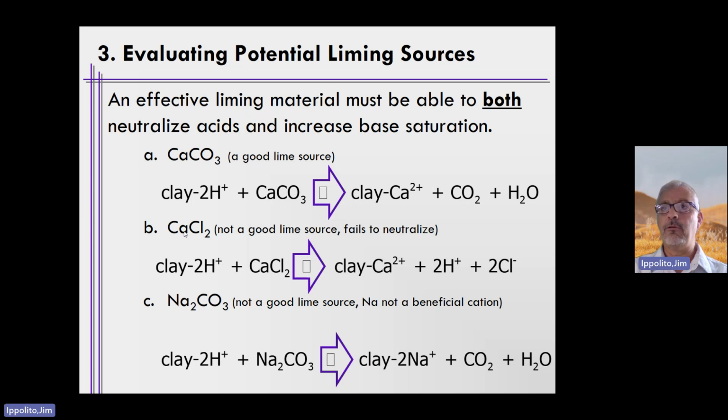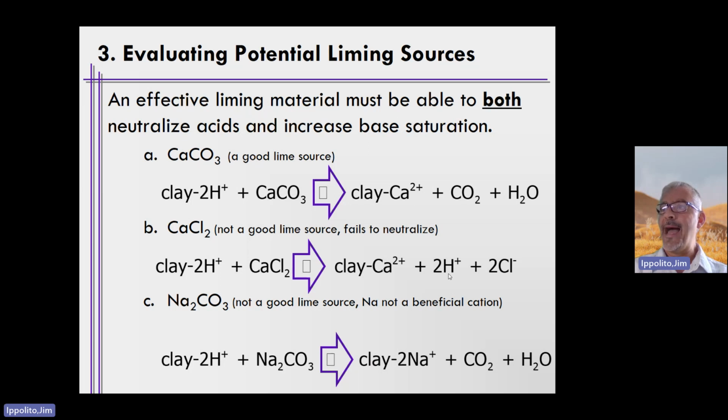What about calcium chloride? What if you had a lot of this laying around? Would it be worth using as a liming source? No, it's not a good liming source because it fails to neutralize. You have the clay with two hydrogen ions on it, and you add calcium chloride. Calcium is going to kick the hydrogen ions off and replace them. And what's left?